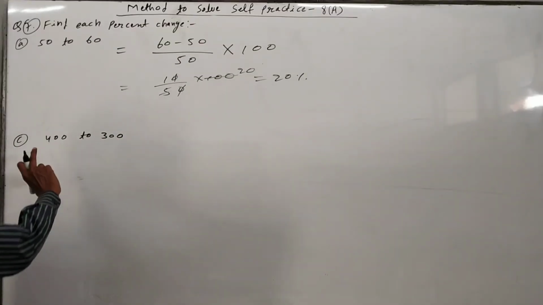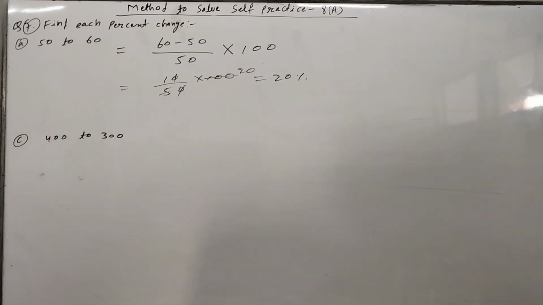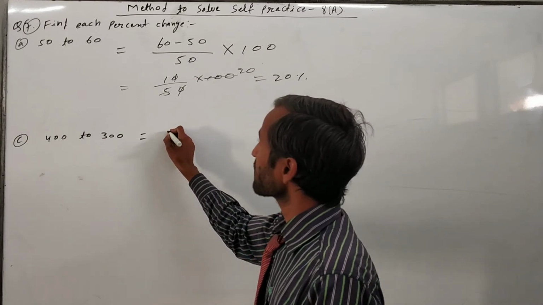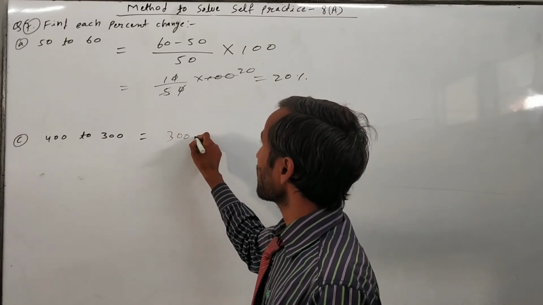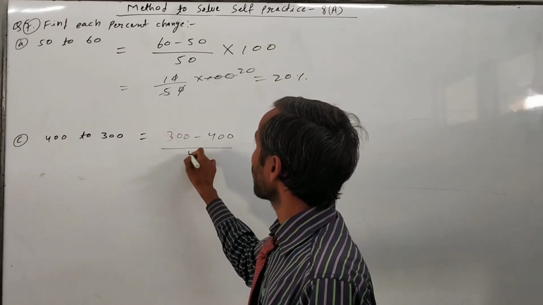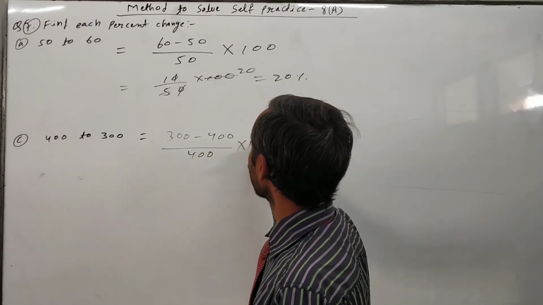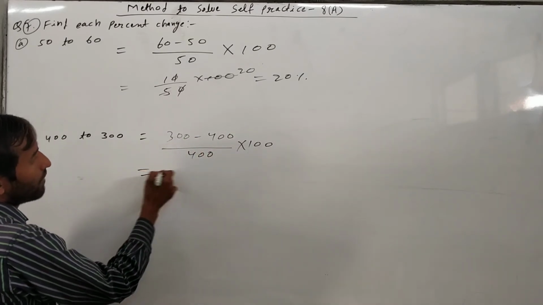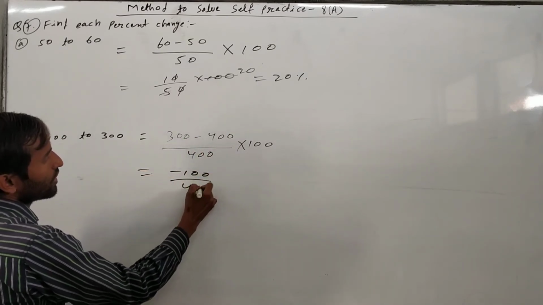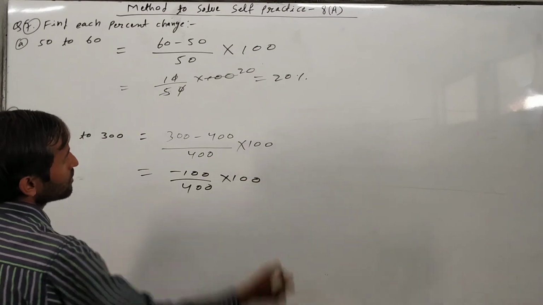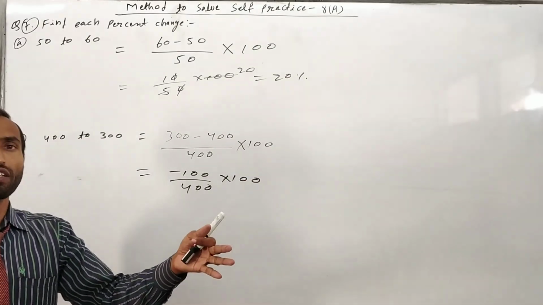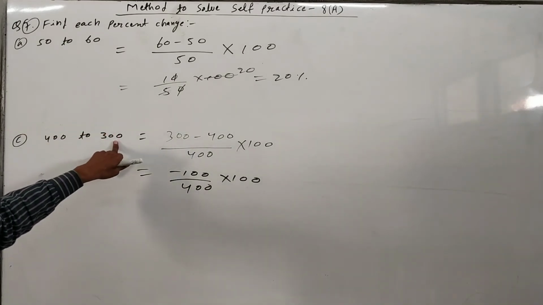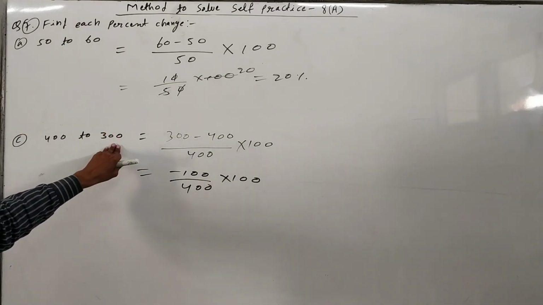So 400 to 300. Here also there is a change, but here it is a decrease. No problem, just write like this: 300 minus 400 upon 400 into 100. Now the minus will come. Minus shows a decrement, because the original is 400 and this one is the decreased value.